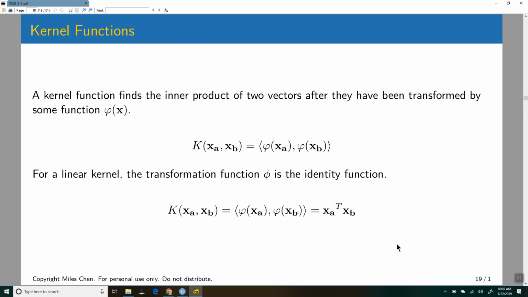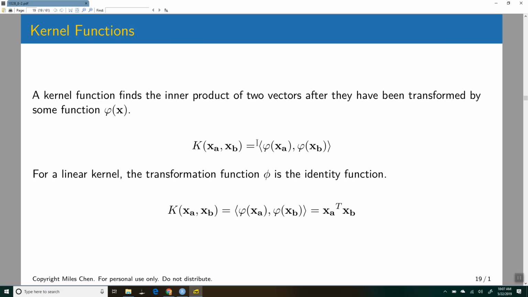Just to review, we've seen kernel functions before, in our discussion of support vector machines, except I didn't write all of the notes, so they weren't as pretty. Anyway, this is what a kernel function is. It's basically the inner product, or the dot product, between two vectors after the vectors have been transformed by some kind of function phi.